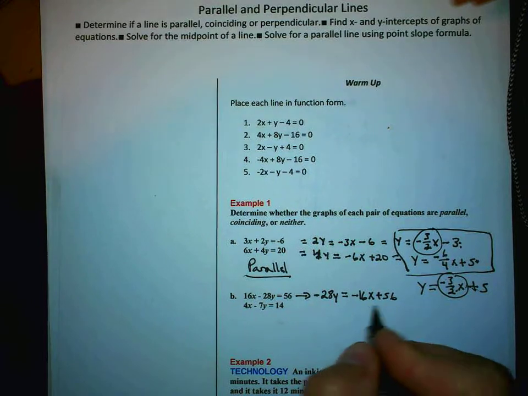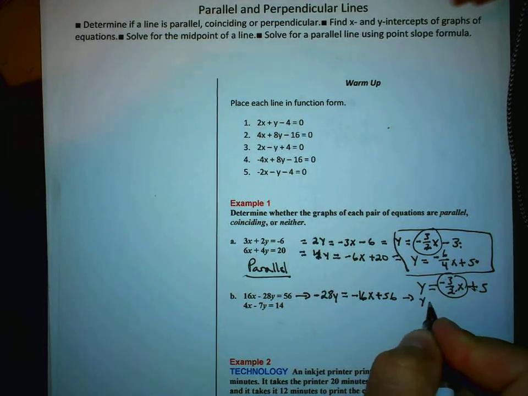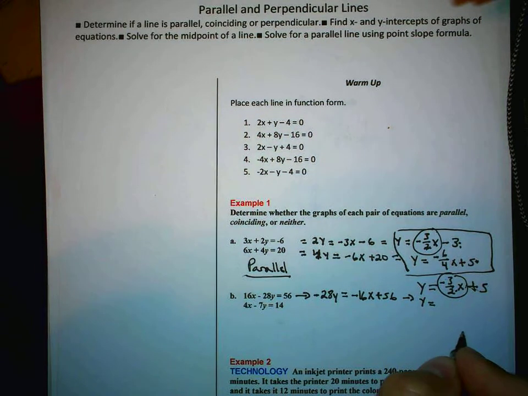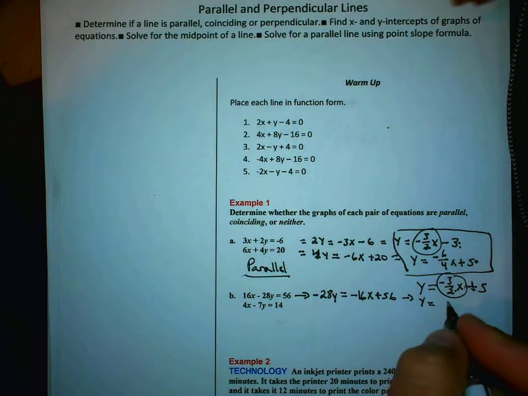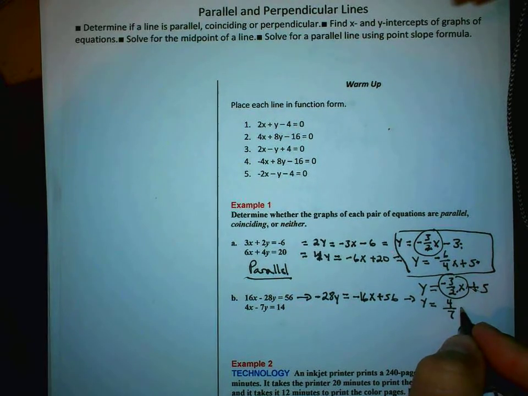Divide by negative 28 on each side, and that's going to change to y equals 16 divided by 28 is going to reduce to a positive, because it's a negative divided by a negative, 4/7 x plus 2.